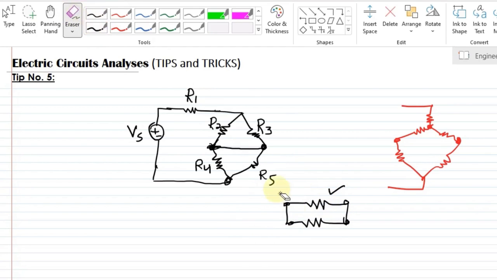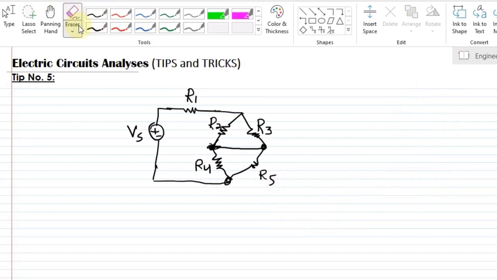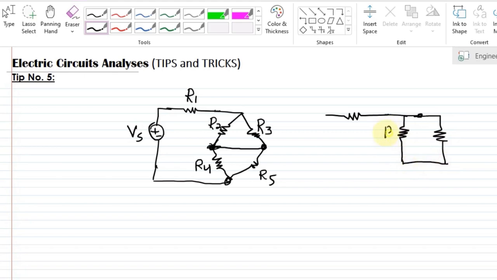So what is the equivalent configuration here? Let me write the equivalent configuration. Let me have here R1, and after R1 I have here R2 and R3. Okay, so these two are shorted together, R2 R3.